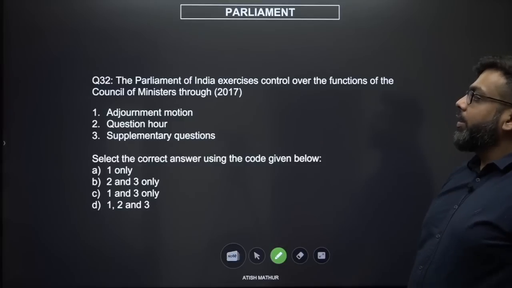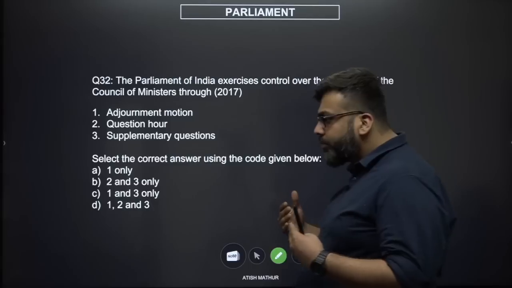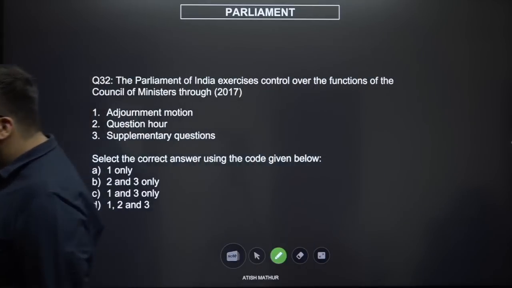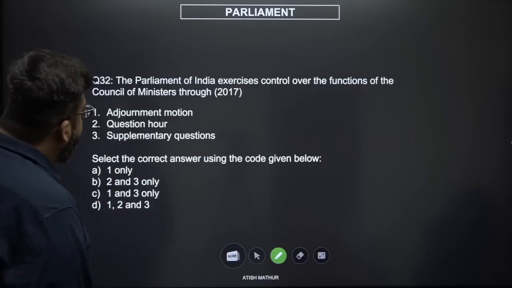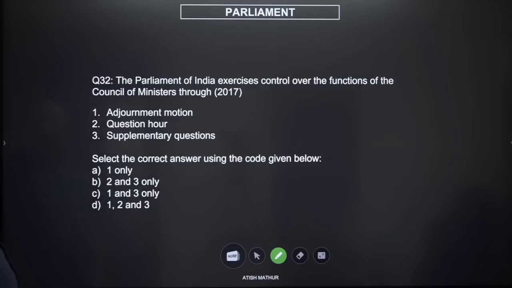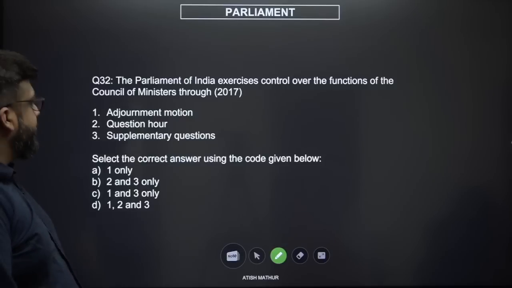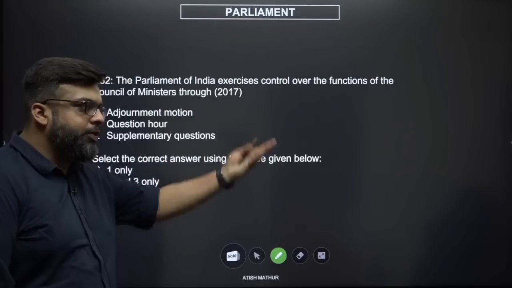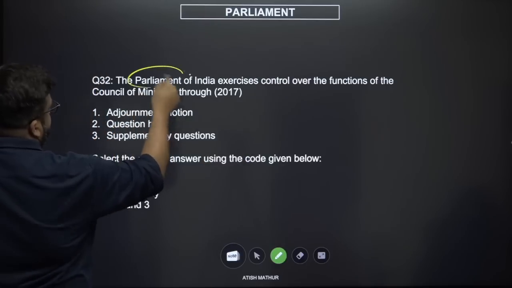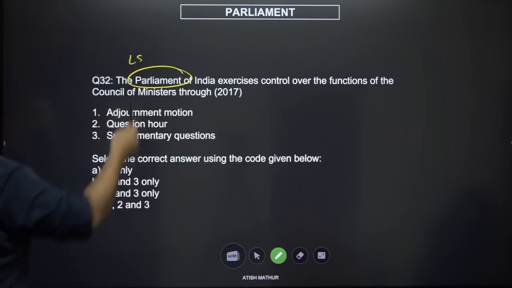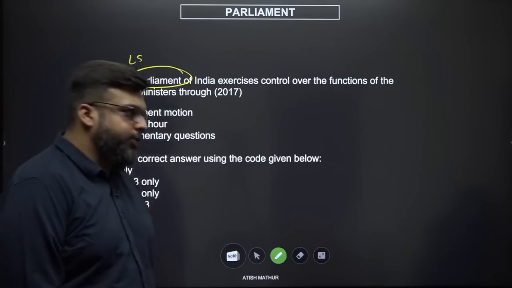This is where you are changing the agenda of the day to ensure that something more urgent is being discussed, which the government doesn't want to. 2, question hour, which is when you are questioning the ministers, and 3, when you're asking follow-up questions to existing questions. Now, I know some of you may get confused that adjournment motion is only in the Lok Sabha, but this is generally spoken of in the general sense of the word.